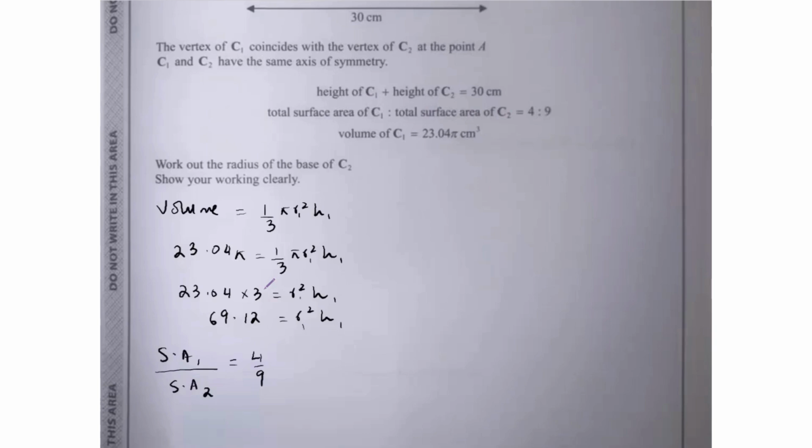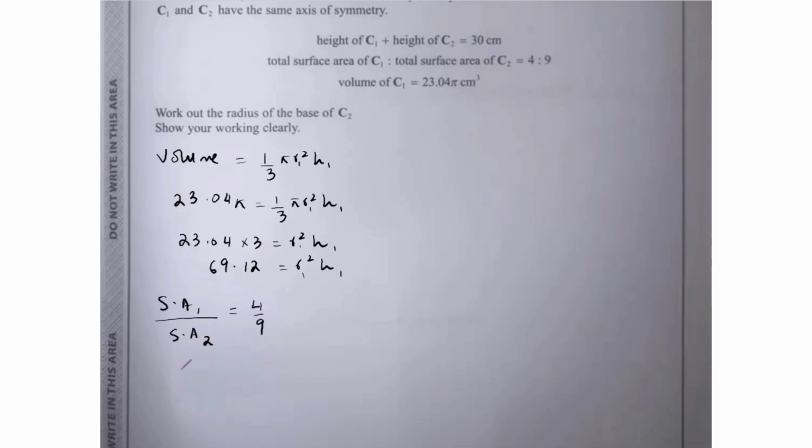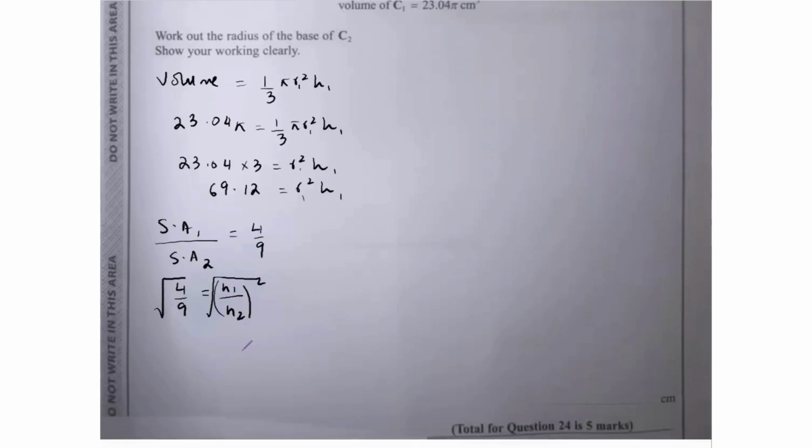In similar shapes, the ratio of the areas is equal to the square of the ratio of the lengths. So 4/9 is equal to, we can use the heights in this case, h1 over h2 all squared. Square root those to find the scale factor, and that's going to be 2/3. That's h1 is to h2. So you can say that 2/3 of h2 equals h1.